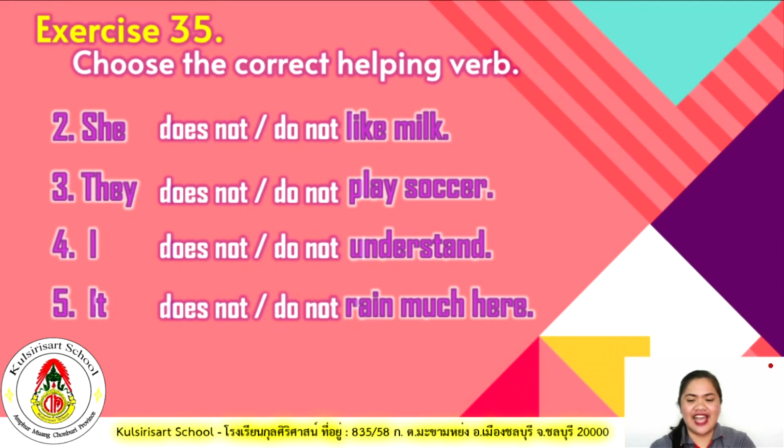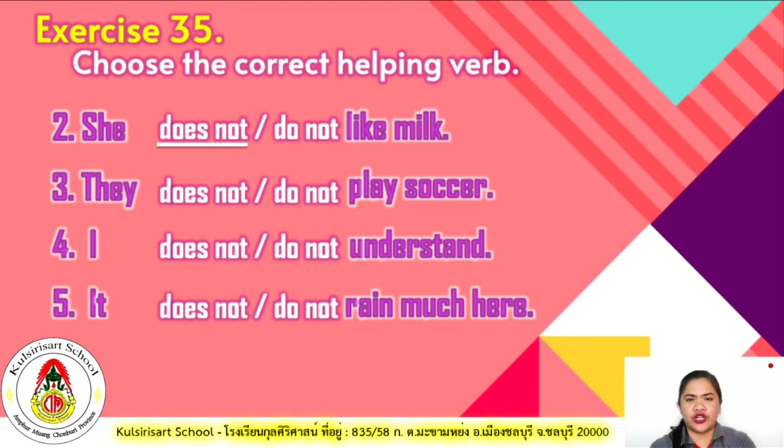Okay, let's answer number 2. She blank like milk. The subject there is she. Now, she, this is a pronoun. Okay, are we going to use does not or do not? Okay, very good. The answer there is does not.